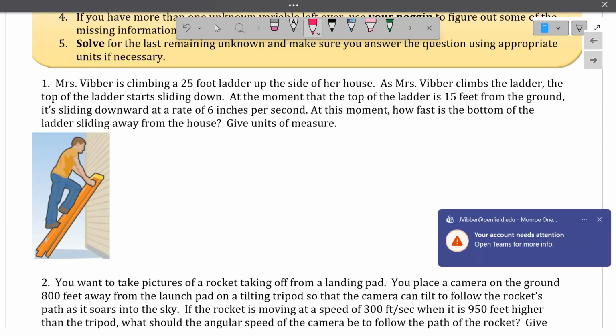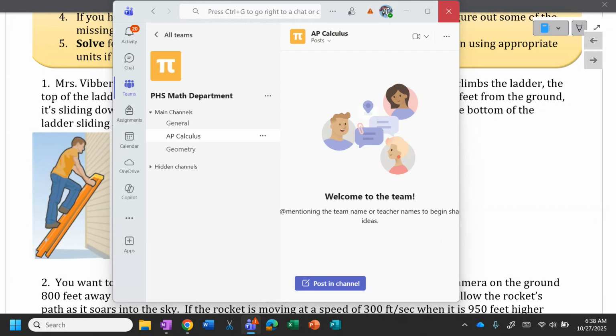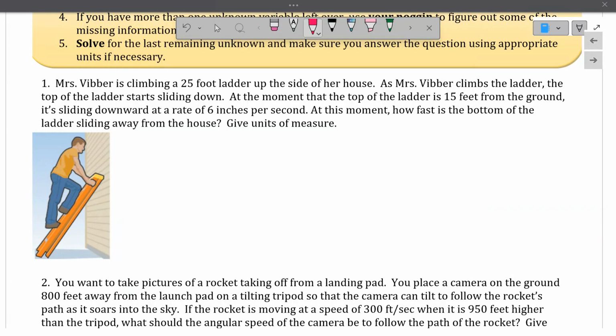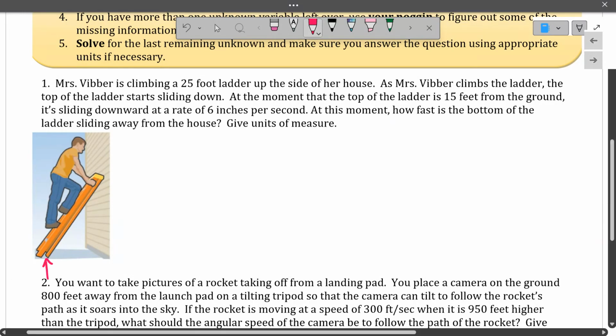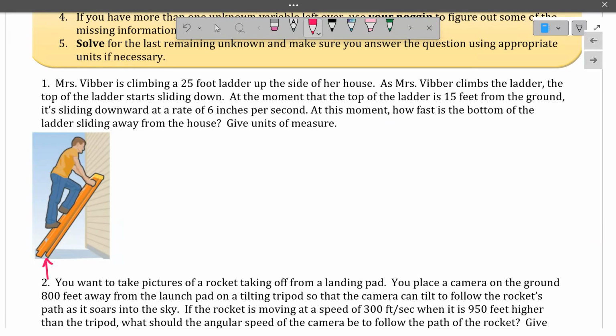Mrs. Vibber is climbing a 25-foot ladder up the side of her house. As I climb the ladder, the top of the ladder starts sliding down. And if I set a ladder up like this, you bet it would slide down. Don't ever put a ladder up against a house like that. That's dumb. But if I climb that ladder and the top of this ladder starts sliding down, my day is not going to go well.